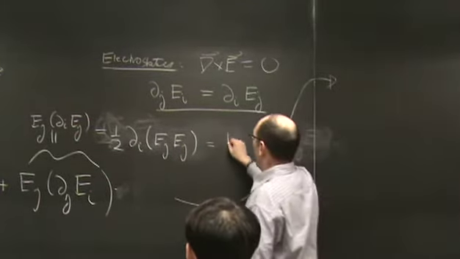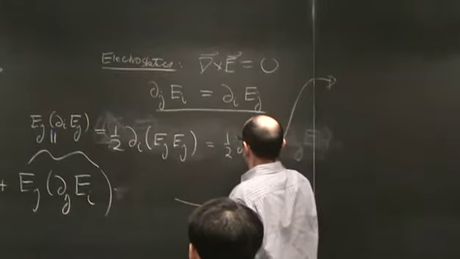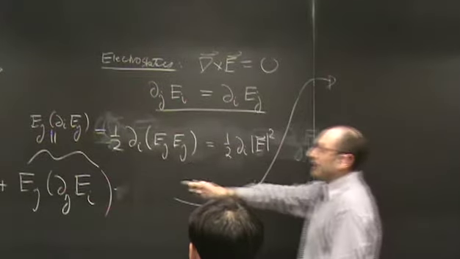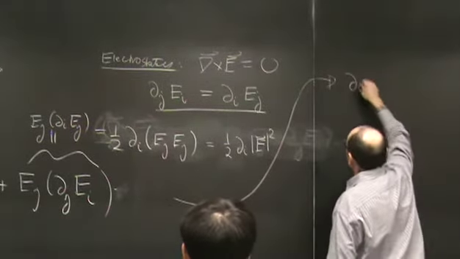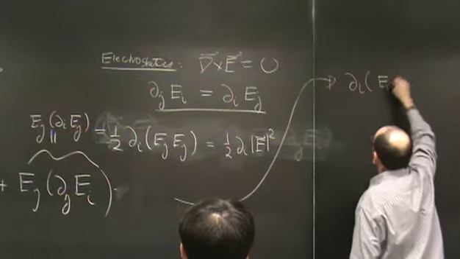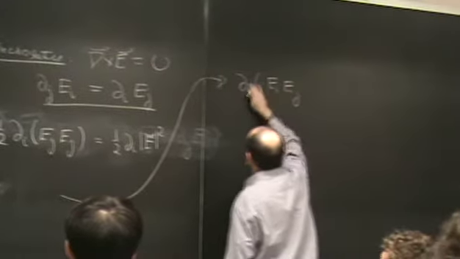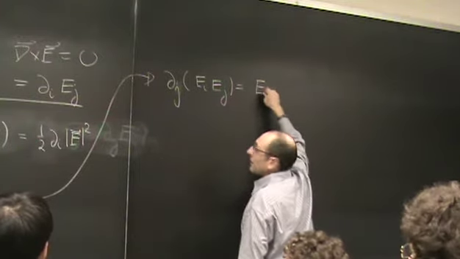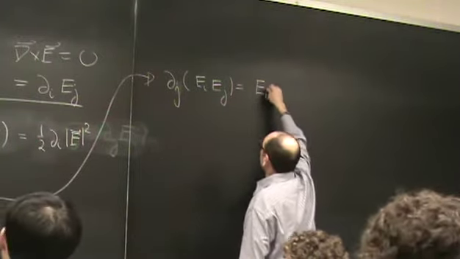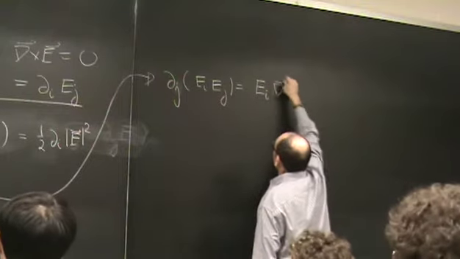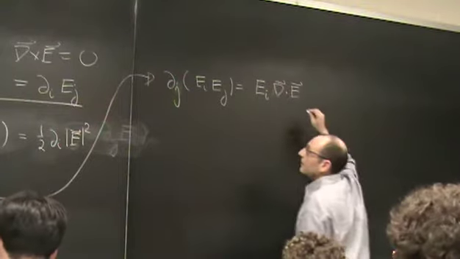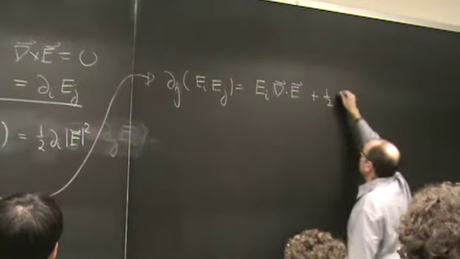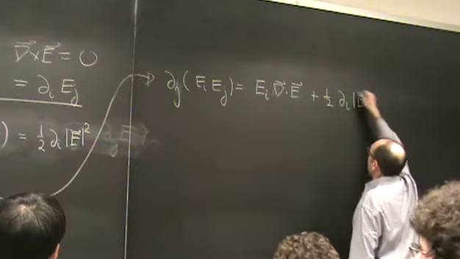This is equal to 1/2 the partial of I of E squared. We can then say the following. The partial J of E I E J is equal to E I del dot E plus 1/2 partial I of the magnitude of E squared.